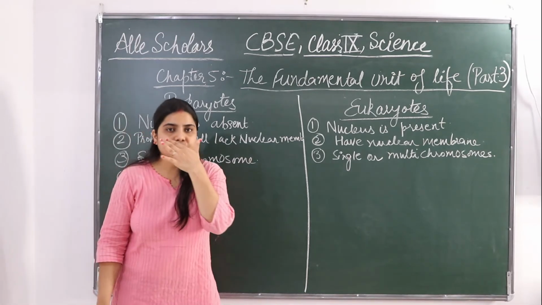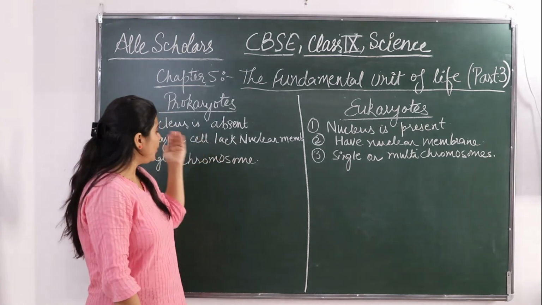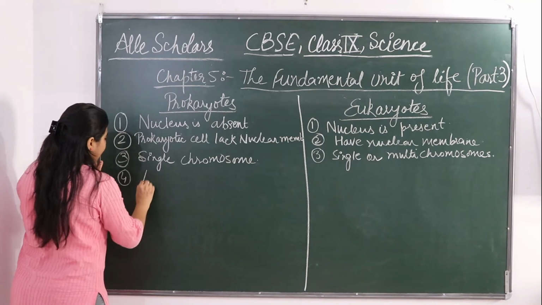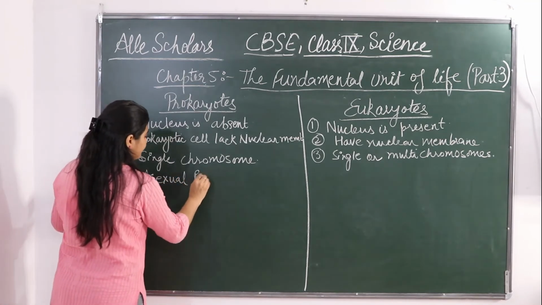The prokaryotes are very primitive cells. So these prokaryotes only undergo asexual reproduction.